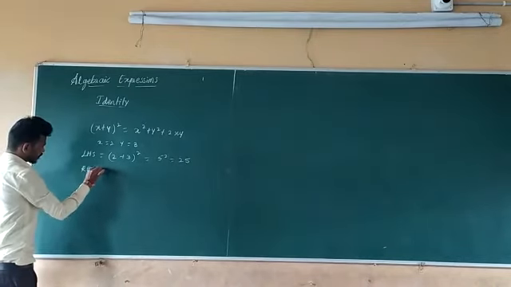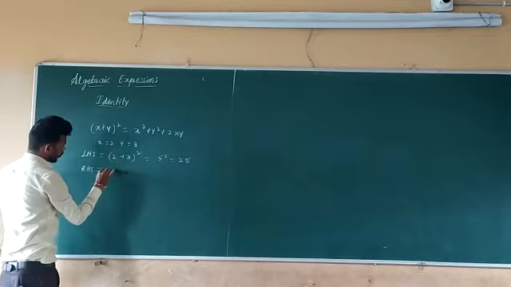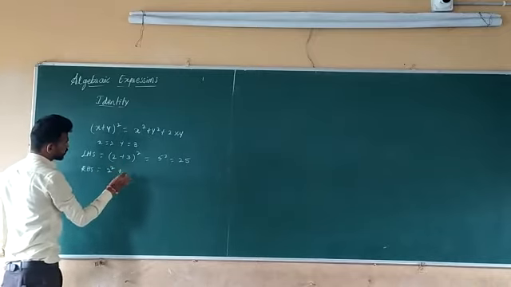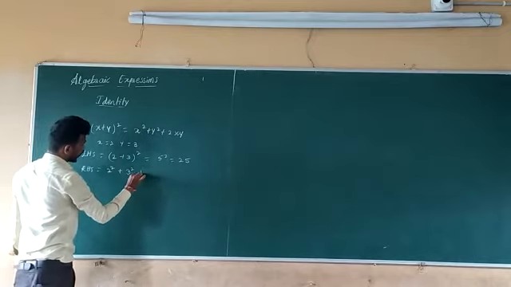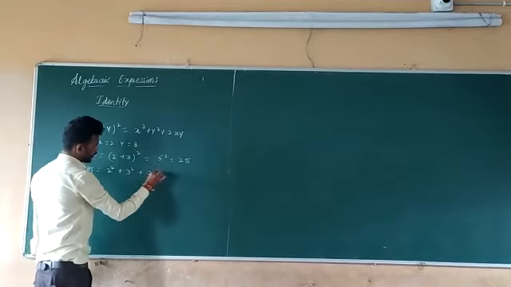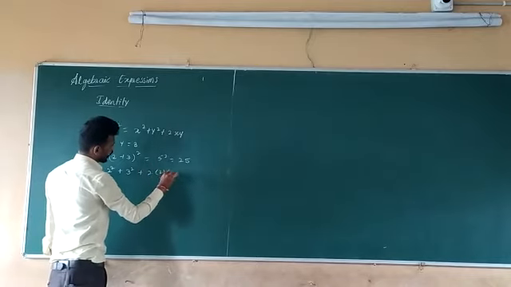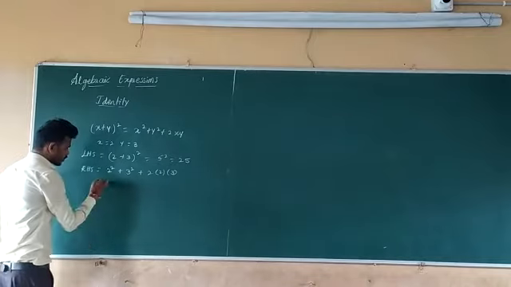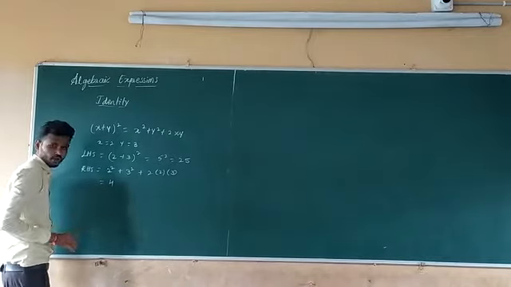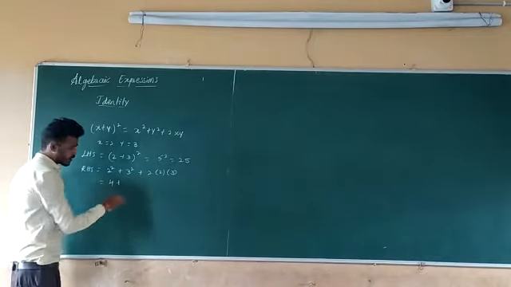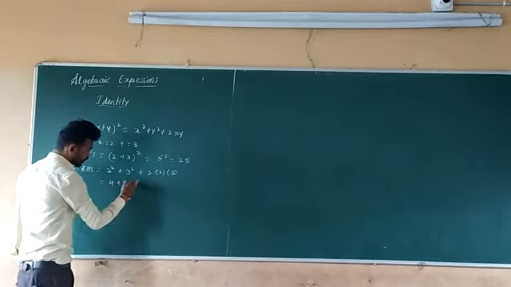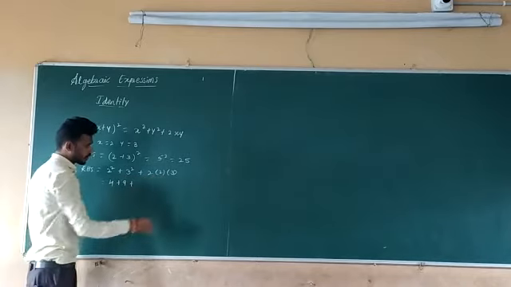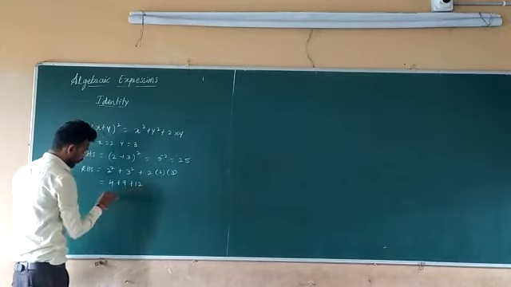Similarly, let us find the RHS. x is 2, so 2 square plus y is 3, so 3 square plus 2 into x value 2 into y value 3. 2 square is 4, plus 3 square is 9, plus 2 into 2 is 4, 4 into 3 is 12.